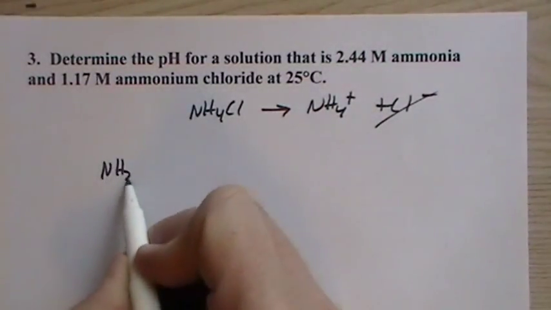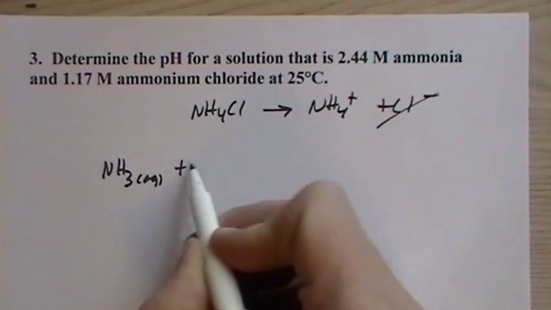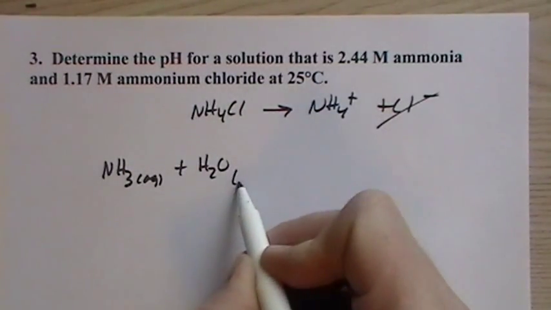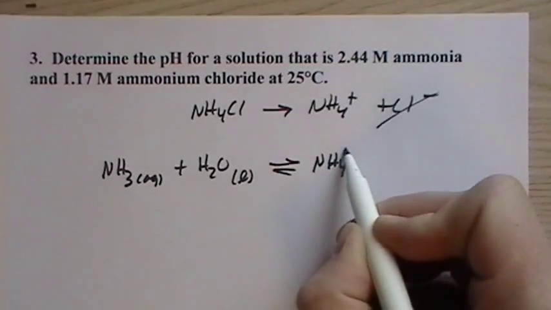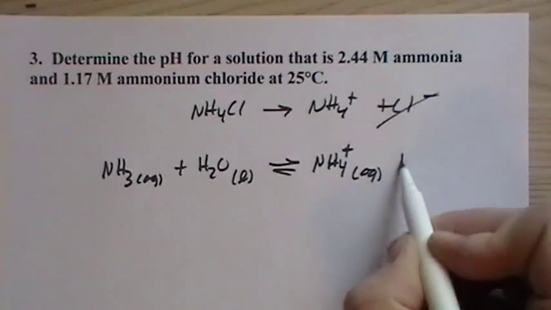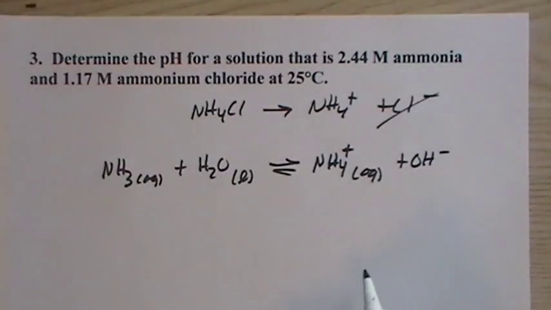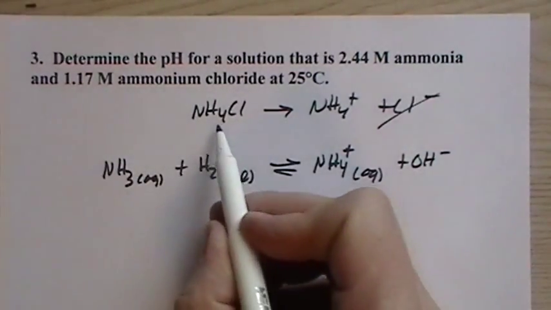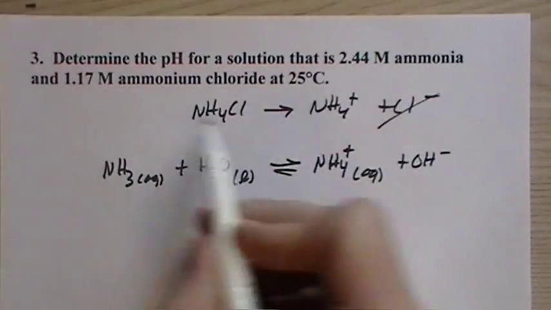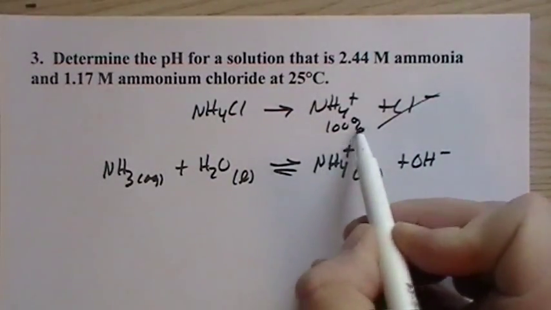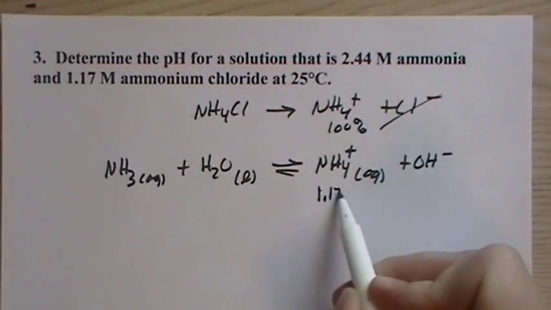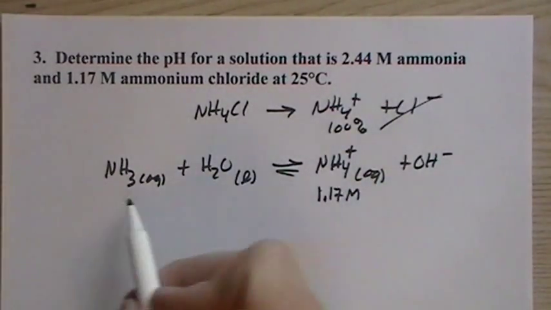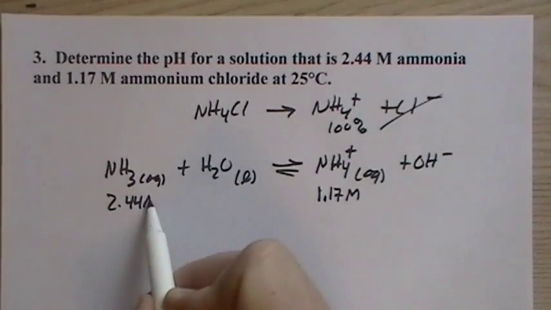The ammonia, when it goes into solution, is a weak base, so it reacts with the water and produces ammonium ion and OH minus, so we know that we're going to need a Kb here. The ammonium ion breaks up 100%, so 1.17 molar ammonium chloride is also the concentration of the ammonium that will be present in your solution, and this is 2.44 molar.